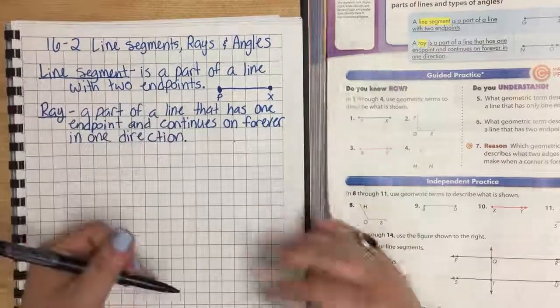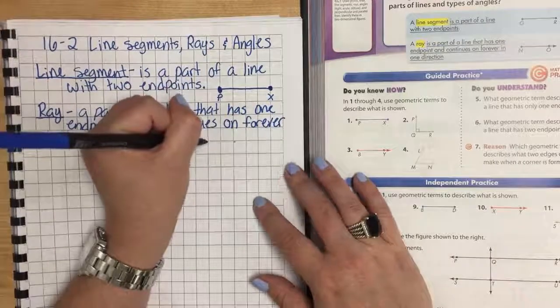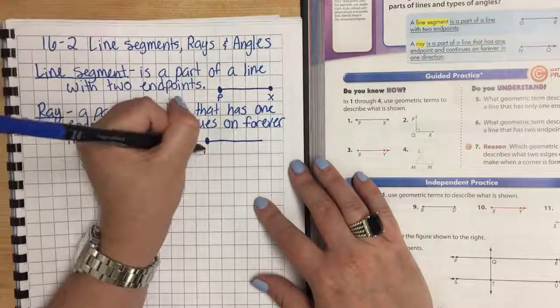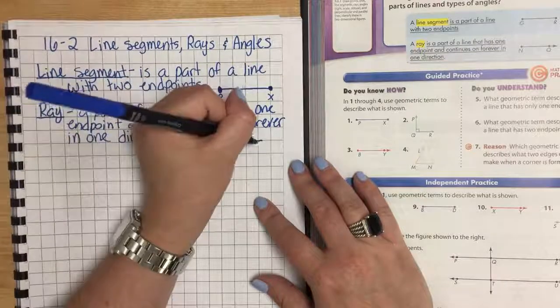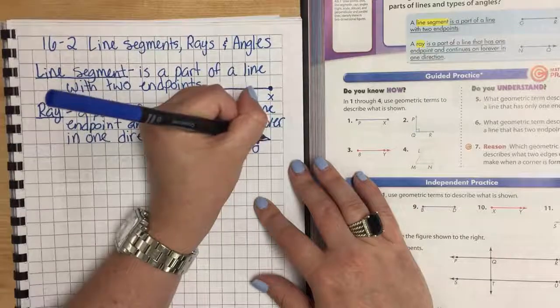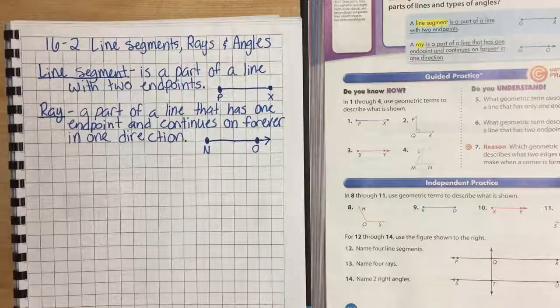And that looks like this. You start with the line and a dot at the end to show that it's an end point, and another dot here to show the other part, but an arrow to show you that it's just going to keep on going.